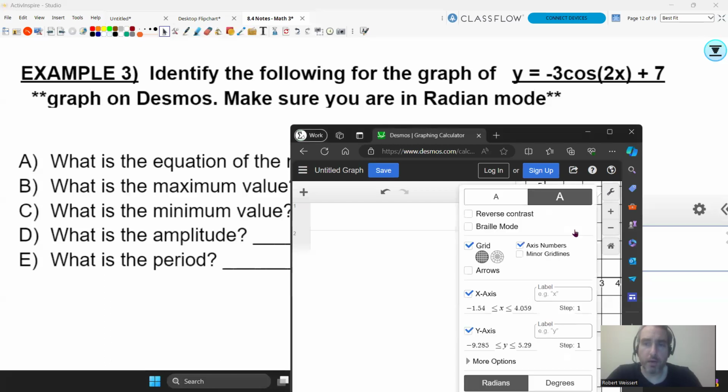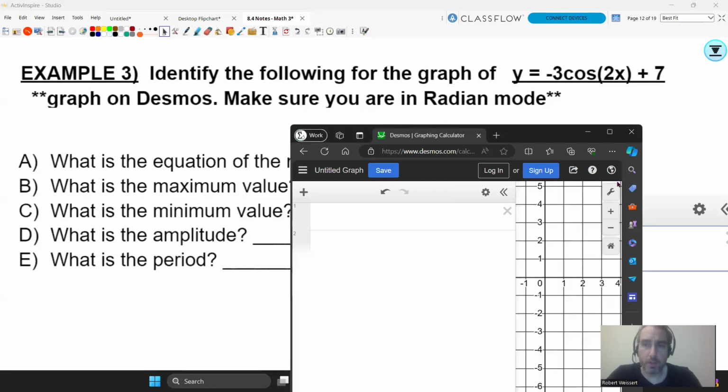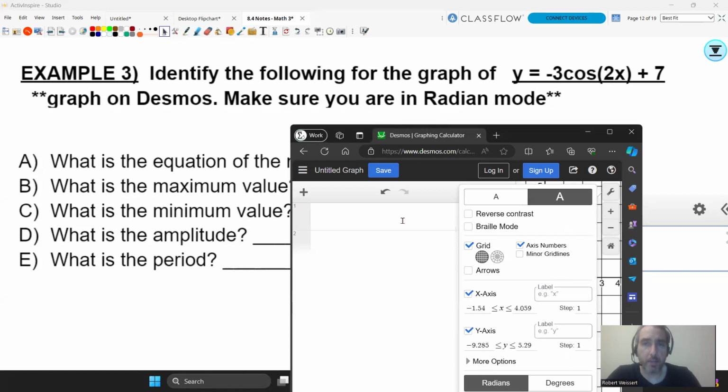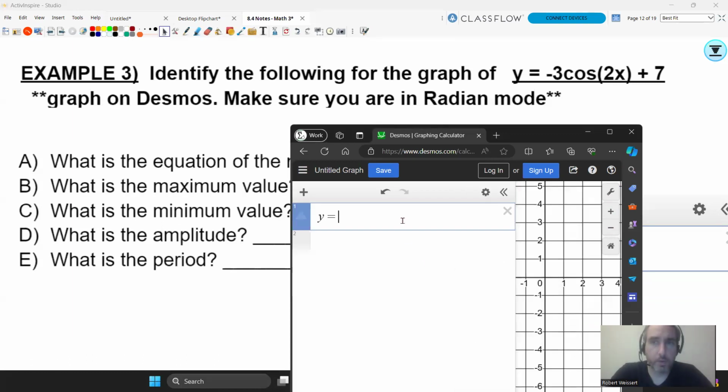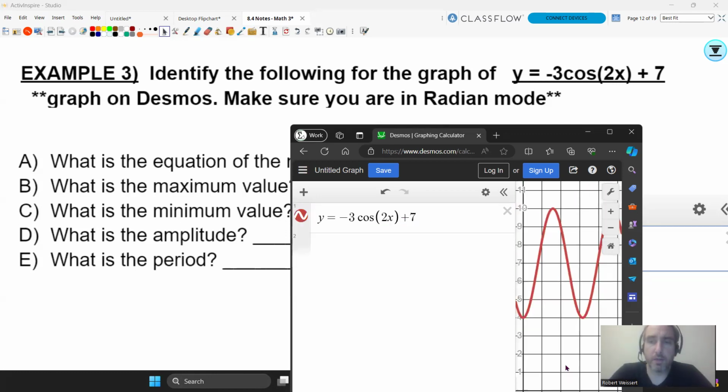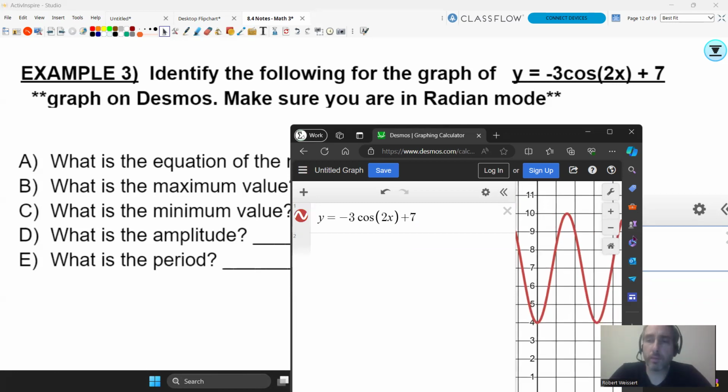Remember to check if you're in radian mode, click on the wrench for Desmos, and you can go down here in radians and click that. So I'm going to type in y equals -3 cos 2x plus 7. And notice that that shifted upward. And there's your graph there.